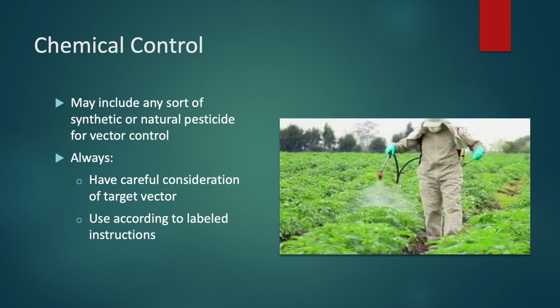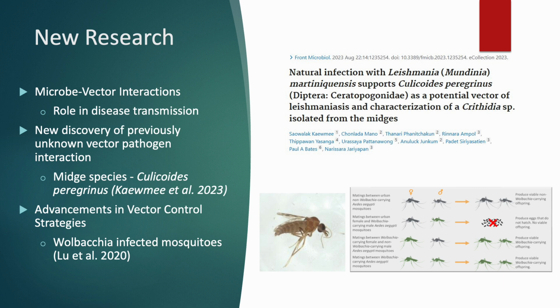With this said, I wanted to wrap up with some new research that has been done more recently compared to that of the book. There are microbe-vector interactions that have been researched, so they have seen the role in disease transmission.